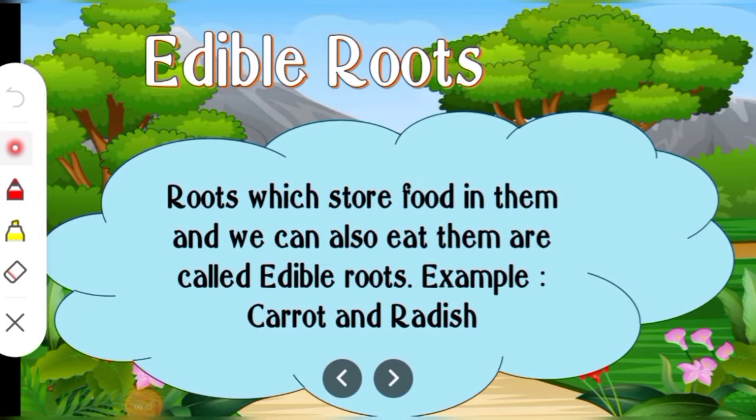See, there are some edible roots. The roots which store food in them and which we can also eat as food are called edible roots. Carrot and radish are examples of edible roots. So yes, carrot is also a root.